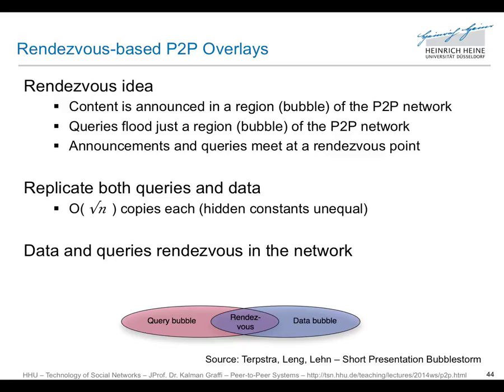So we need the announcement bubble and we need a query bubble, and if both are O of square root n, then the probability is higher than 50% that we have a match. And if we put a factor before this O of square root n, so let's say twice or 3 times O of square root n, then we can also reach 99% for a match.